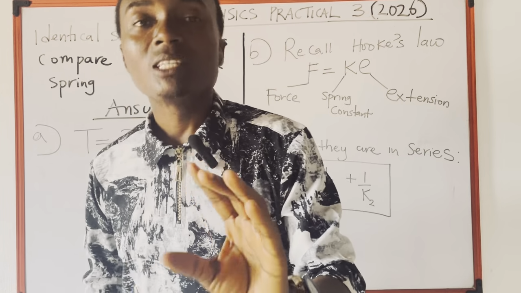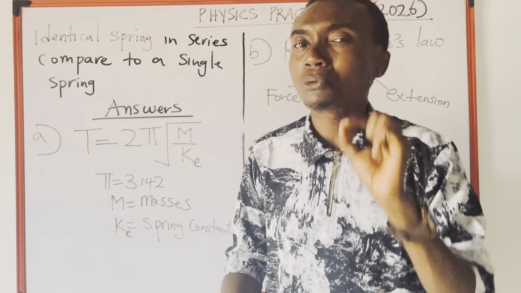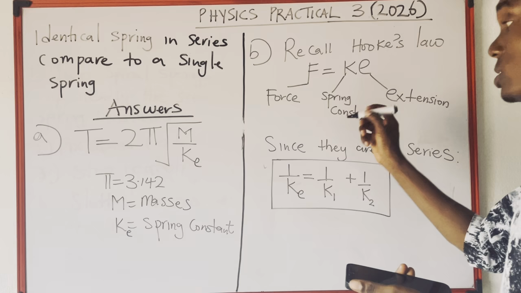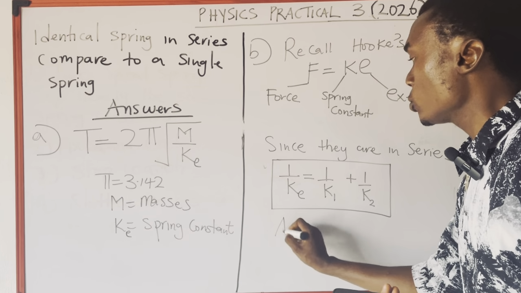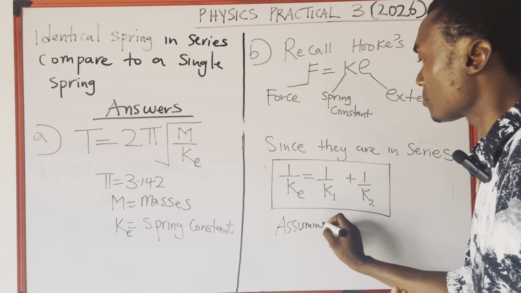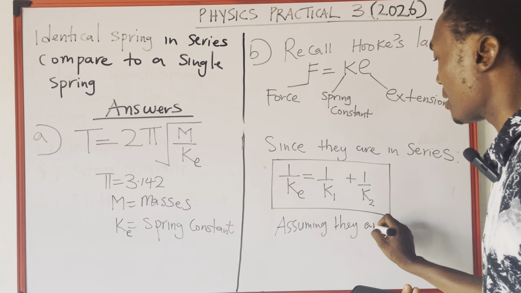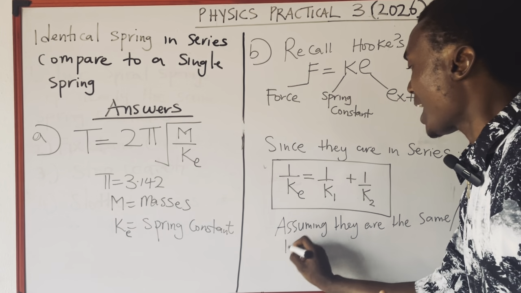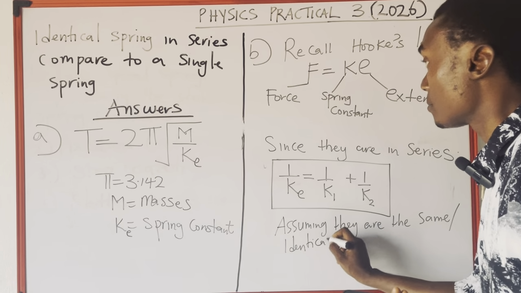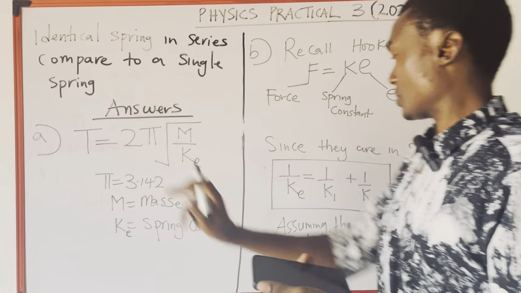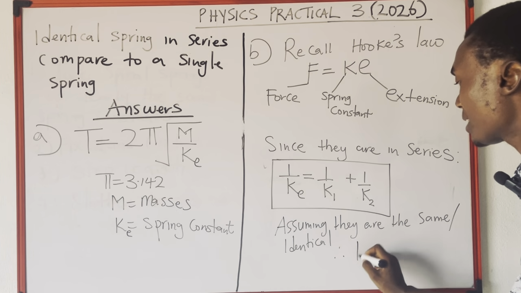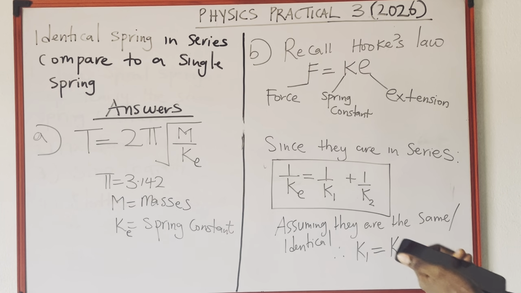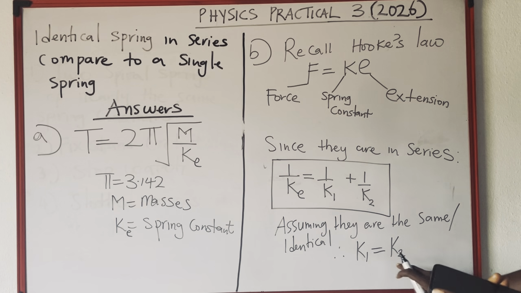So I'm going to say, assuming they are the same, identical, therefore my K1 will be equal to K2.